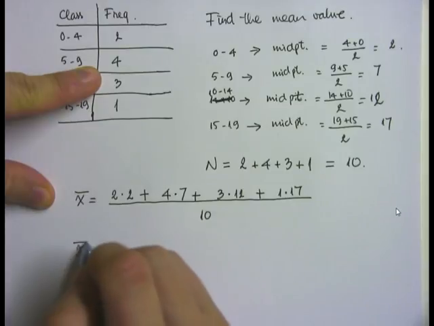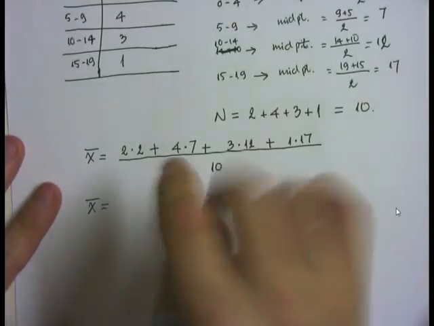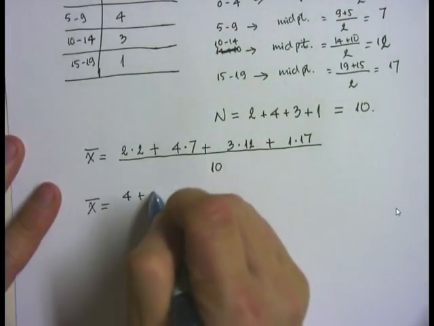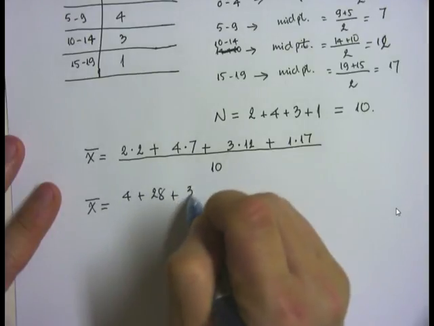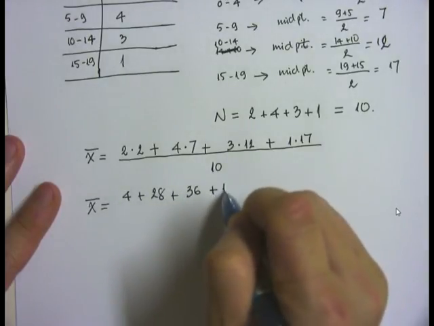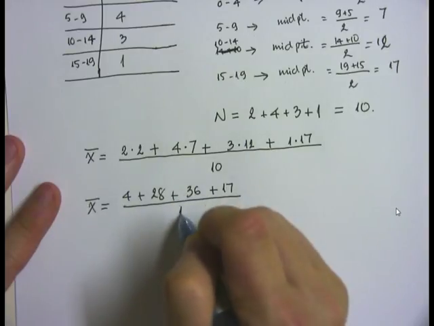So it's going to be 4 plus 28 plus 36 plus 17, all divided by 10.